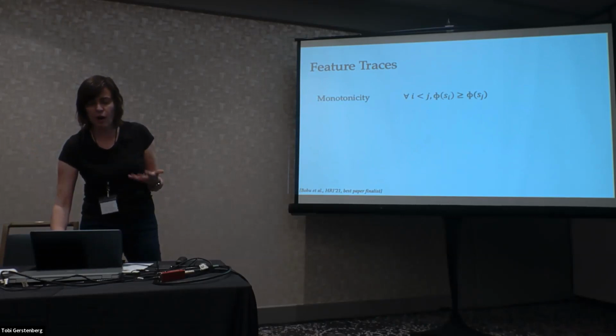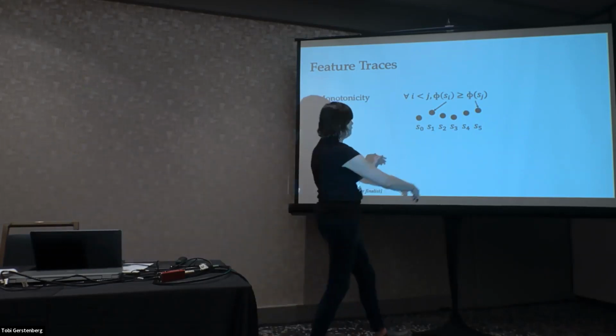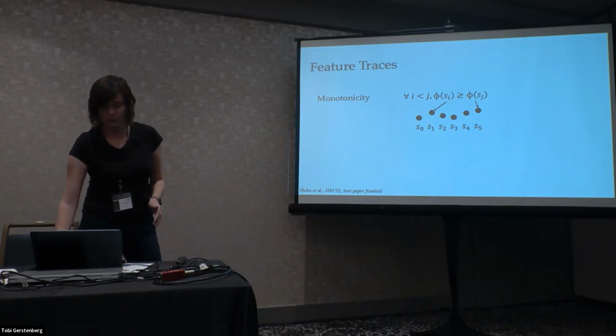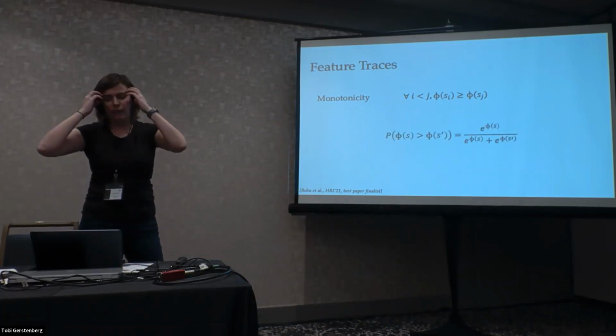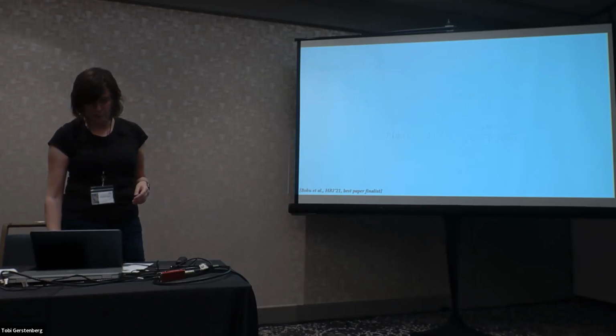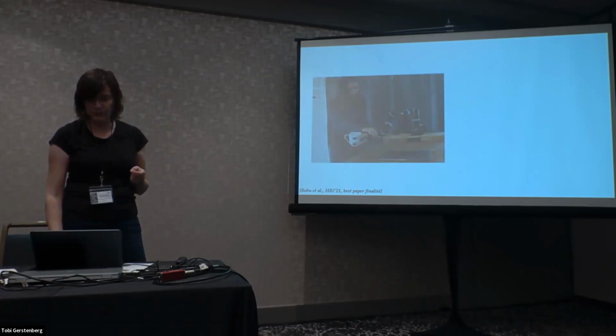We know that the states along the trajectory have to satisfy this property: if 5 comes after 1, then the value of 5 is lower than the value of 1. We use the typical Boltzmann noisy rational assumption here, because people are obviously not perfect at doing that, and we want to account for that noise.